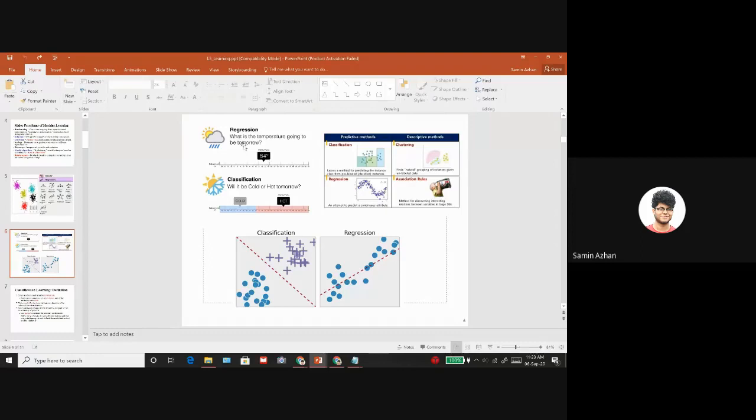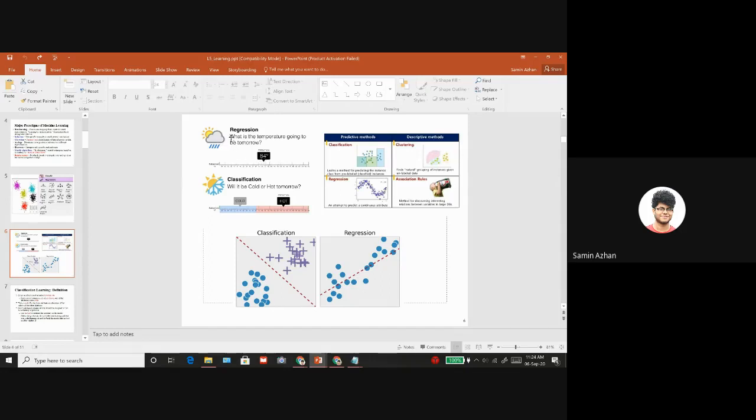Let's say we fed it data for the last 30 days of weather, and we are trying to predict what would be tomorrow's temperature. So based on the 30 days of given data about the weather, it will try to predict what will be tomorrow's temperature. After training the model, it will predict something like 84 degrees Fahrenheit.